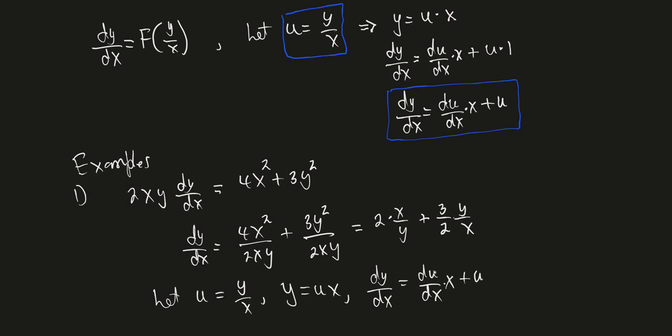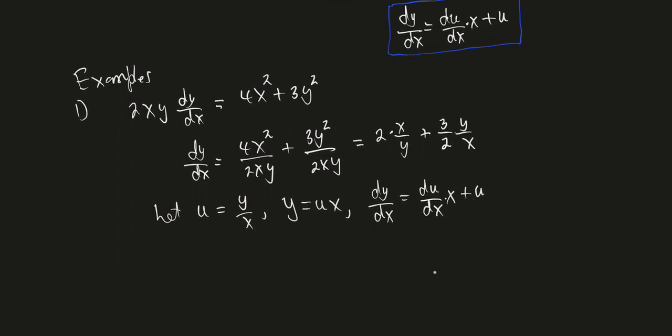All right, so let's plug stuff in. Now, as far as what we're going to do on this side, there are a couple ways we can handle it. But if u is equal to y over x, then the reciprocal of u is x over y. So this is how I can handle both of these forms. All right, so where's everything going to go?